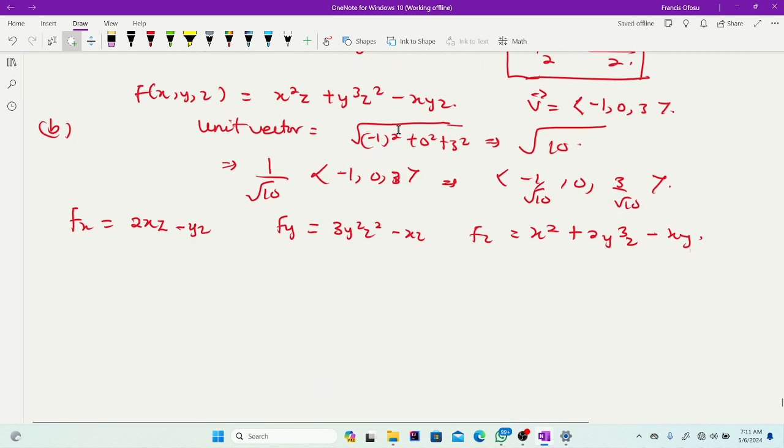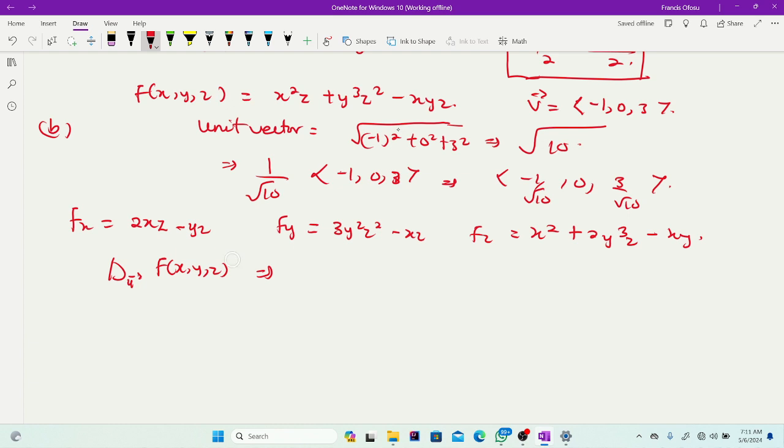So the directional derivative, capital D u, or you can say D v, since our vector is v, but this is just representation. So D u of f(x, y, z) is simply equal to, and here we weren't given the directional derivative at a particular point. We are just finding the general directional derivative.